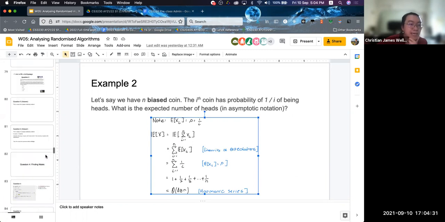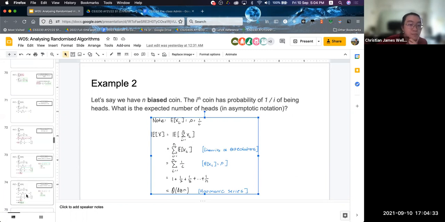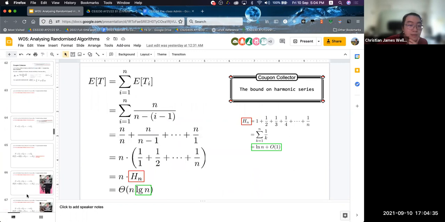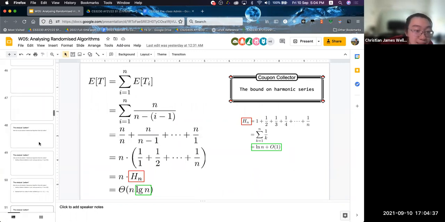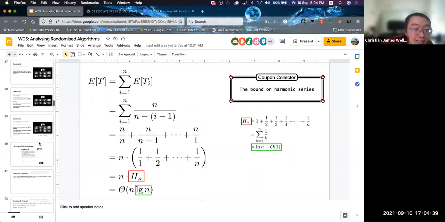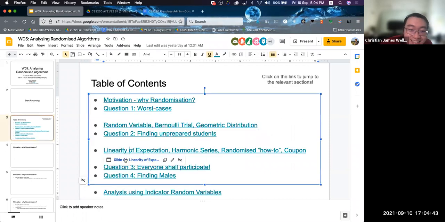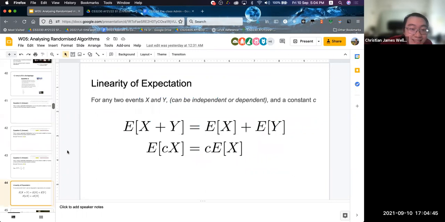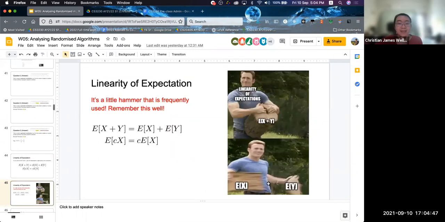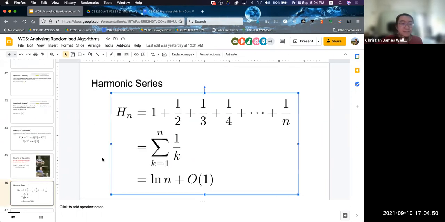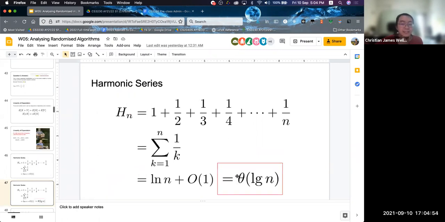Because of the harmonic series, I know exactly it's theta. Sorry, where's the harmonic series slide? Okay, damn it. I'll go to the table of contents. So I put theta because I use the harmonic series here, and I know that the harmonic series is theta log n. That's why I put theta instead of big O. I kind of know it's theta.